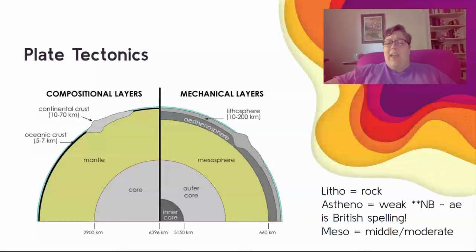So then below that, you've got the true liquid in the mesosphere. It's this layering that causes the whole thing to work. And it's this layering that Wegener didn't know about. So he could never really figure out how it was that his idea worked because he was missing this critical piece of information.